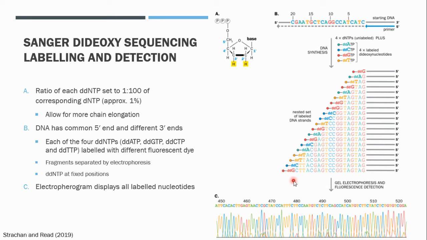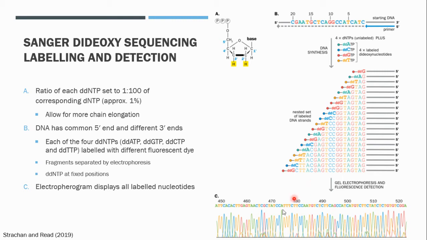The fluorescent signal can be detected using a detector, and as each fragment passes through the detector, a different color signal will be emitted depending on the dideoxynucleotide that was incorporated into that fragment.